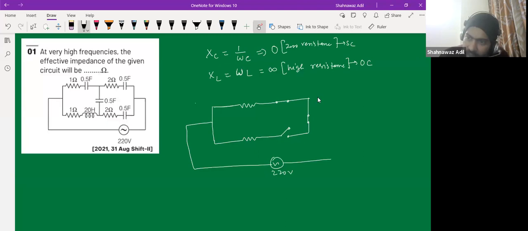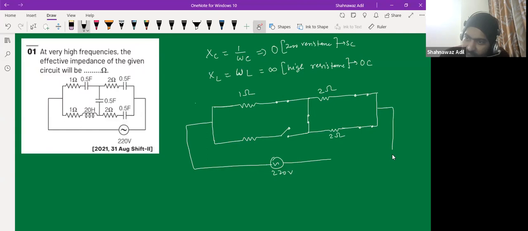And then this one is again short circuited, and this one is again short circuited, right? So then what is the diagram? Also two.